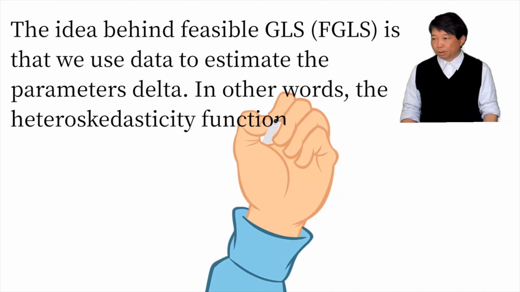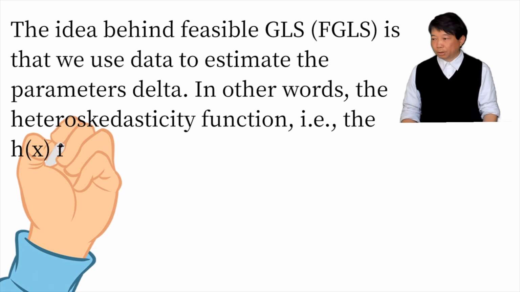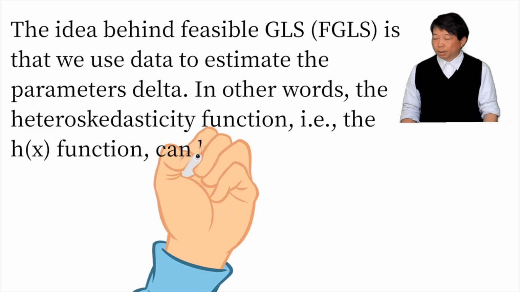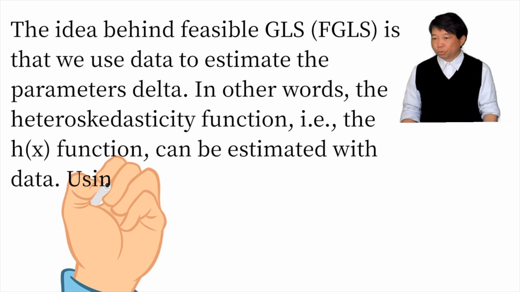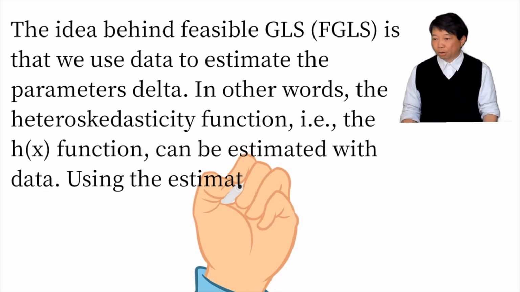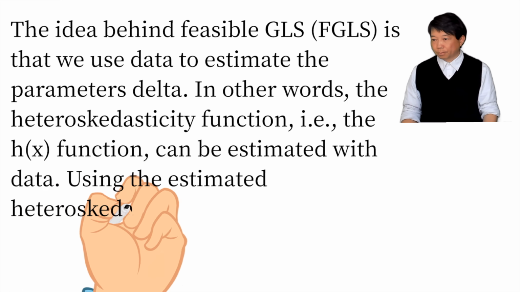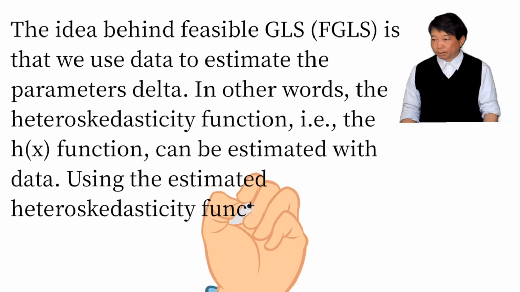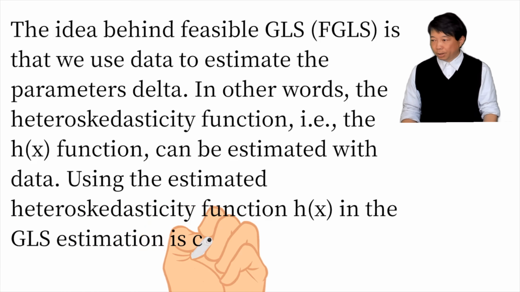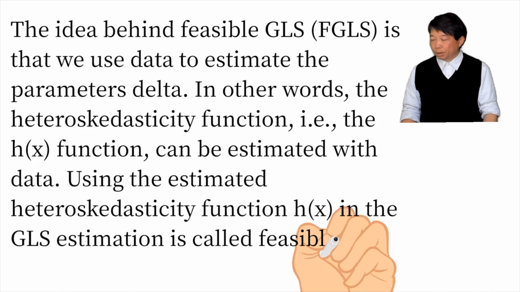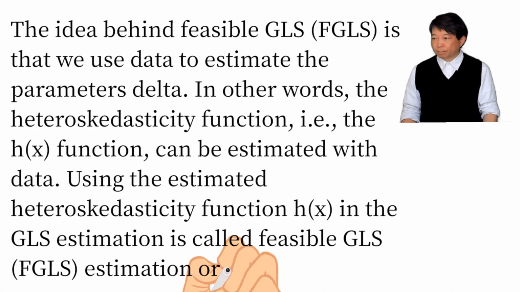Using the estimated heteroskedasticity function h(x) in the GLS estimation is called feasible GLS estimation or estimated GLS. The estimators are known as the feasible GLS estimators or the estimated GLS estimators.